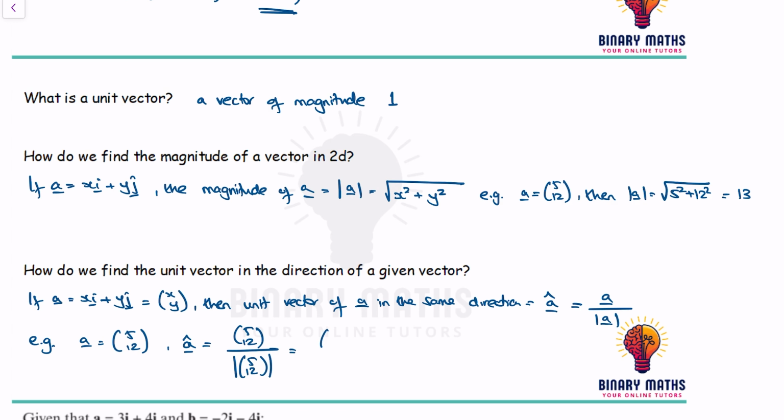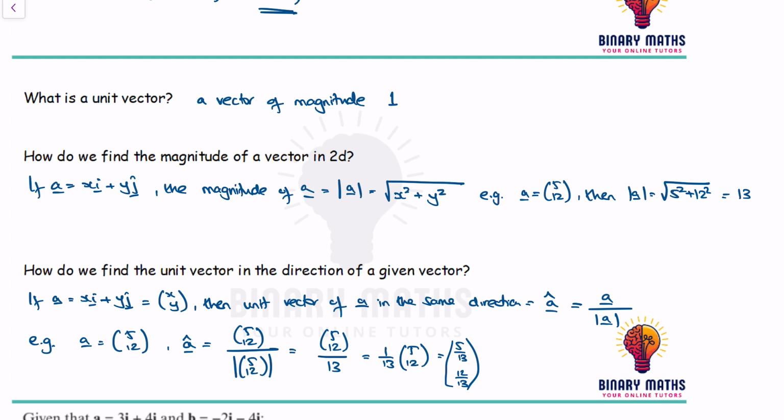We've already worked out the magnitude of (5, 12) is equal to 13. So it's equal to 1 over 13 times (5, 12), which is equal to (5 over 13, 12 over 13) as a vector.